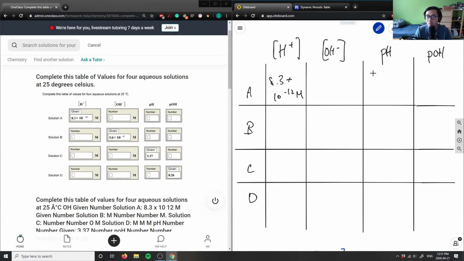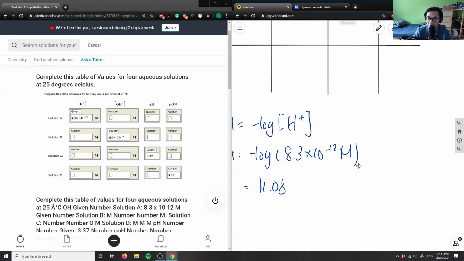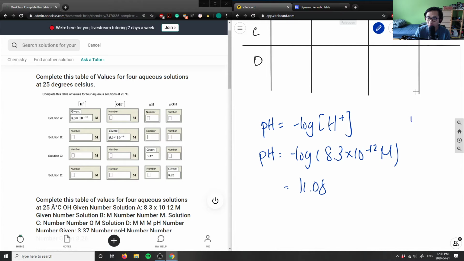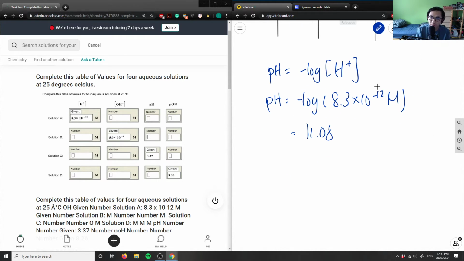So I can plug in my pH here. This is 11.08. Again, pH plus pOH has to equal 14, right? So another useful formula here, and I'll do this in blue again, is the sum of pH plus pOH has to equal 14.